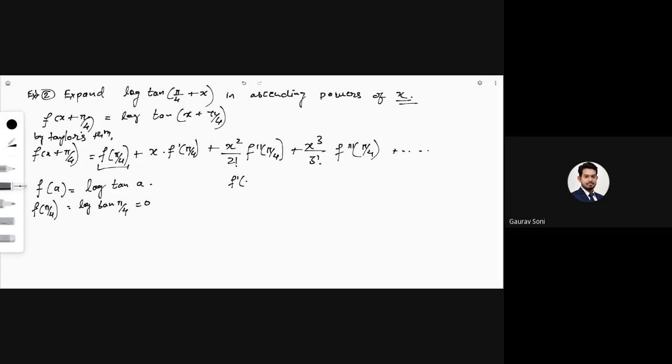What is f dash of a? 1 upon tan a into derivative of tan a, which is sec square a. So f dash of pi by 4 is equal to 1 upon tan pi by 4, which will become 1, into sec square. Sec is 1 upon cos. So cos pi by 4 is 1 by root 2, so the answer will be 2. Please check the calculations.